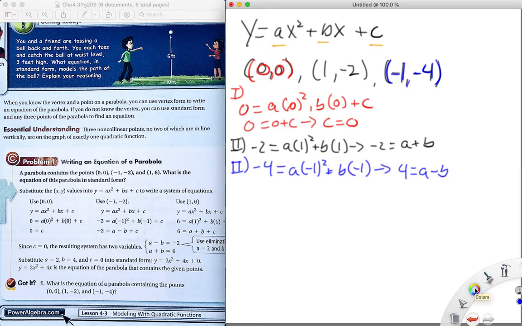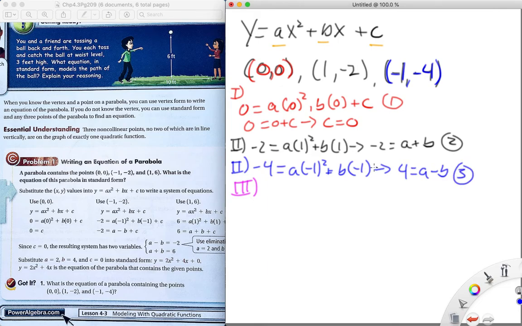So look what we have here. Let's call these equation number 1, equation number 2, and equation number 3.